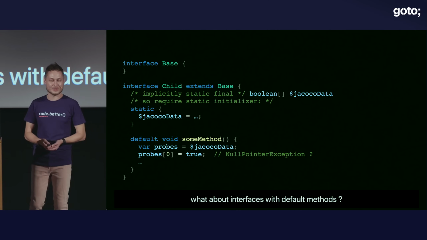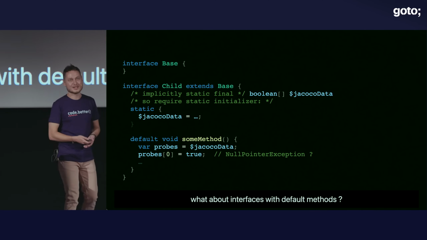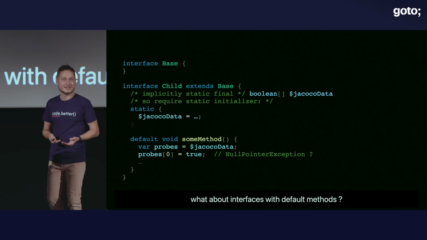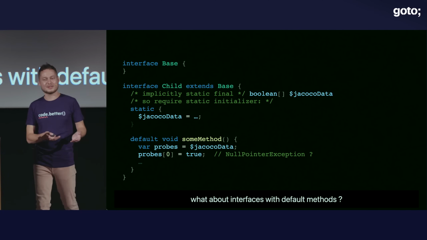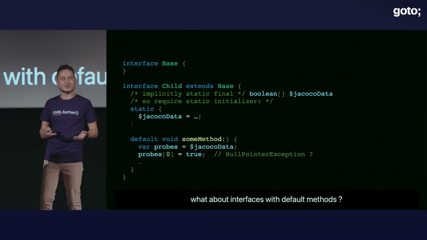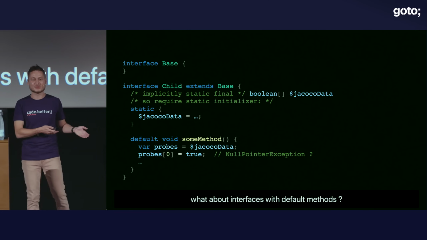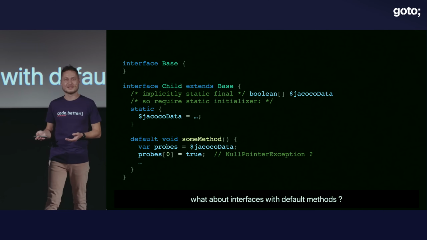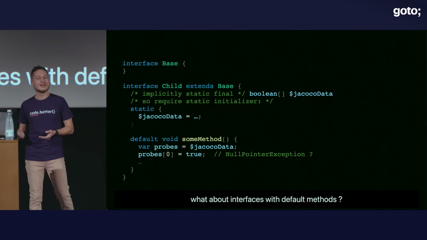It's implicitly static final. So it requires a static initialization. Either we need to remove final or we need to remove static initializer. If you don't remove final, we get illegal access error. If you use static initializer, we might go back to the problem of static initialization, right? And we get a null pointer exception. That's a catch-22. What can we do here?